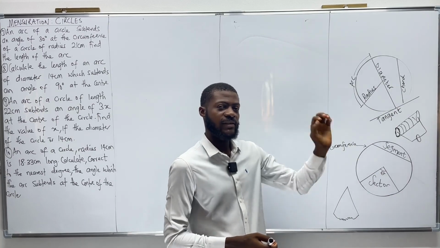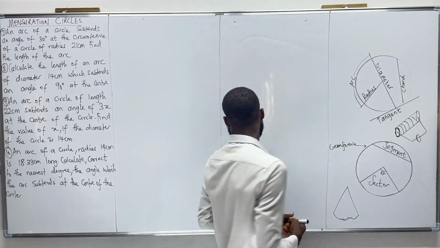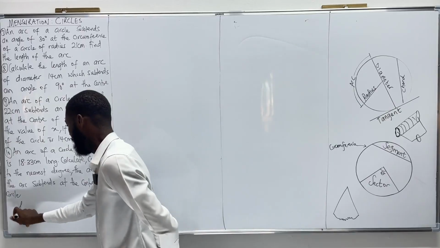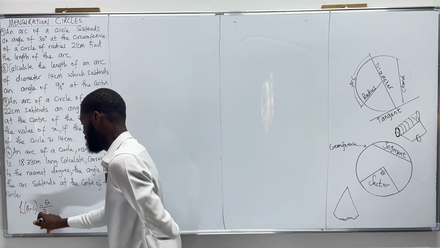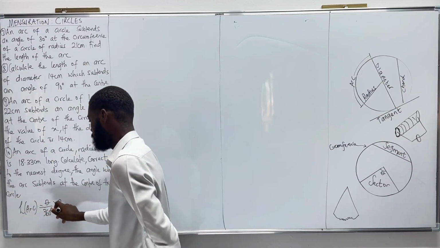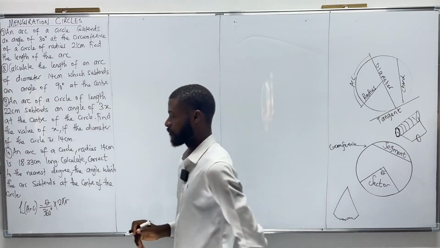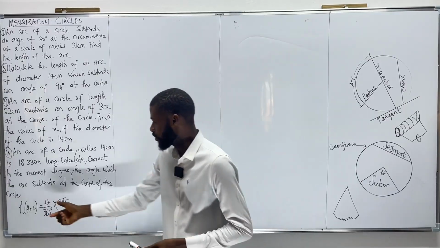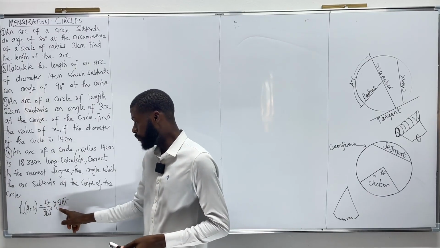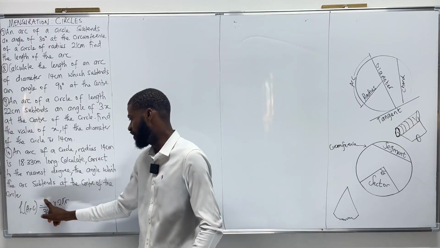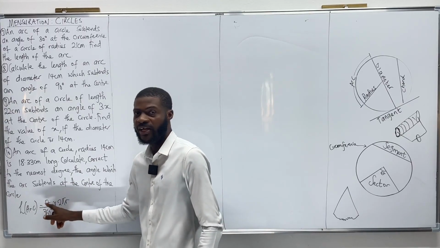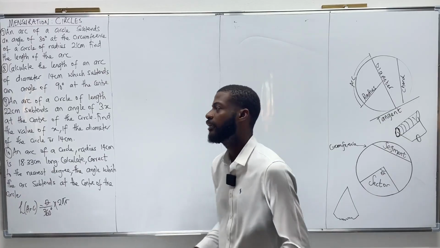So the fraction is theta over 360. So the length of an arc is theta over 360 degrees times 2 pi radius. It's the portion times the full one, but of course it's just a portion, so you multiply by this fraction to get a lesser value.